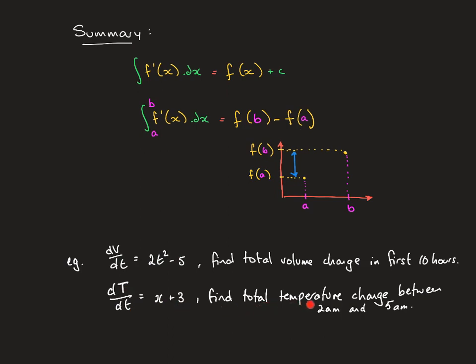Find the total temperature change between 2 a.m. and 5 a.m. So you would integrate this particular function between whatever the t values were for 2 a.m. and 5 a.m. And if you are working with questions like this where it is time, always check what that t equals. Is it actually 2 or is it actually 5 or is it something else?